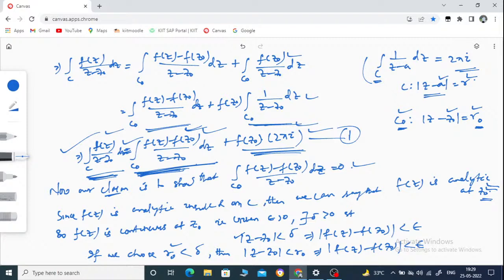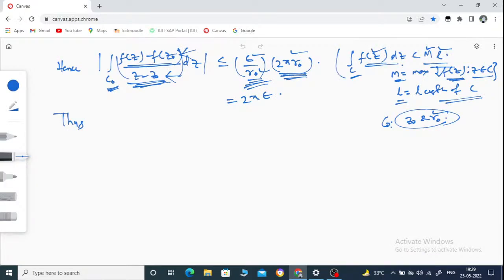If I make this thing 0, then this one will be my result. So the modulus of this integration is less than 2 pi epsilon.